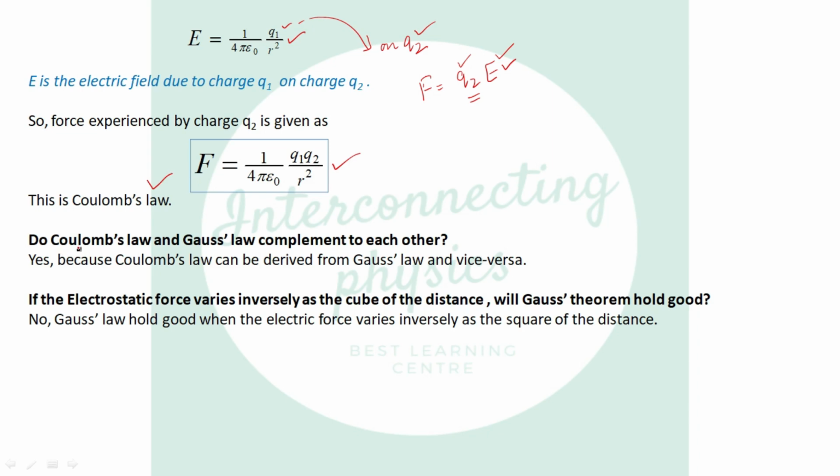So now, do Coulomb's law and Gauss law complement each other? Yes, because Coulomb's law can be derived from Gauss law and Gauss law can be derived from Coulomb's law. So both complement each other. Now next is, if the electrostatic force varies inversely as the cube of the distance, means if the Coulomb force is inversely proportional to the cube of the distance, then will Gauss theorem hold good?